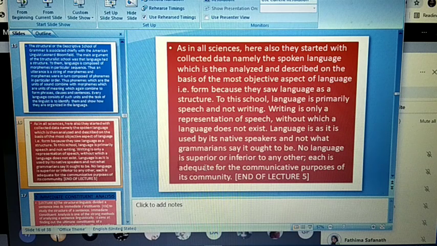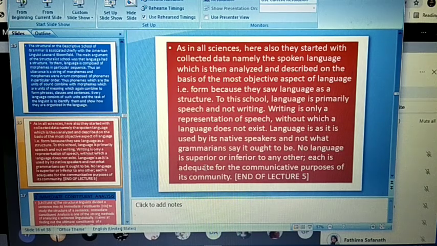So all that is implied in your speech, in your prosodic features or suprasegmentals: stress, intonation, and rhythm. So traditional grammar ignores all that, but structural or descriptive grammar considers all that. This is the difference between traditional grammar and structural grammar.